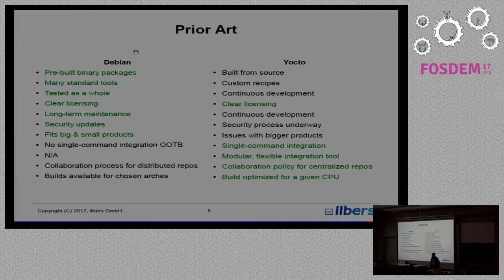So with Debian you only have 2 grades of freedom, whereas with Yocto, after it is source-based, you can fine-tune your build for your required CPU capabilities.